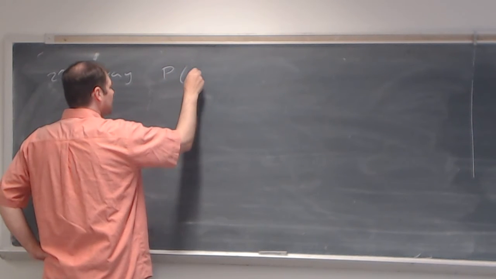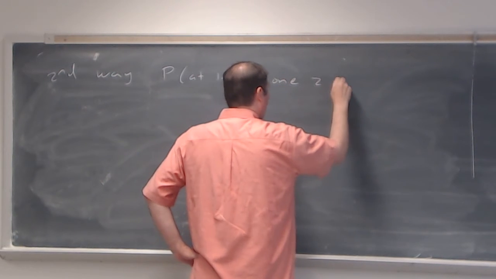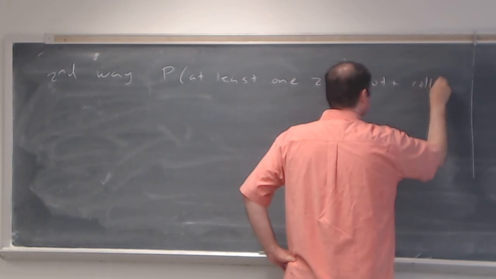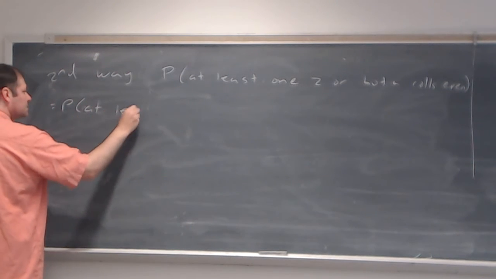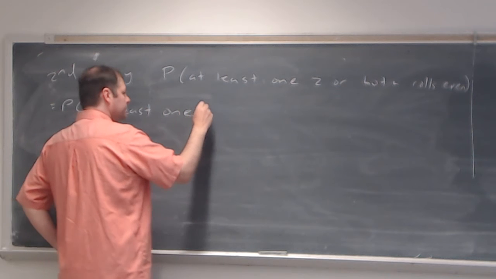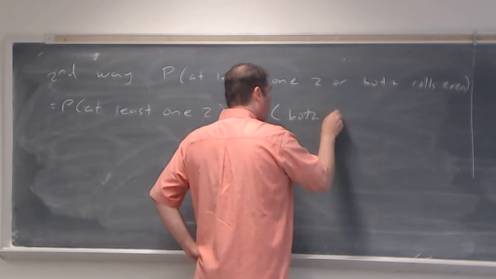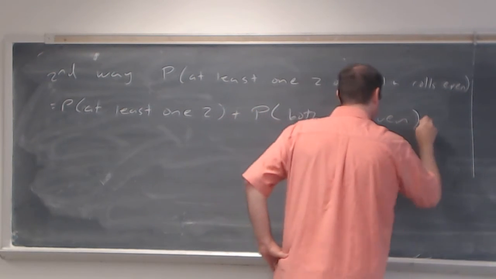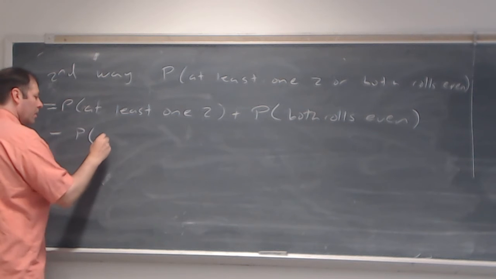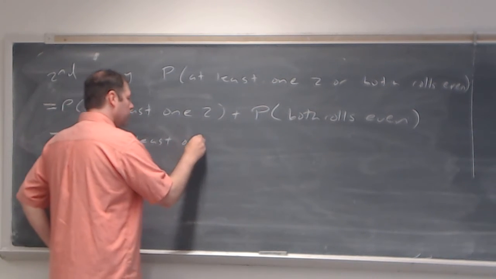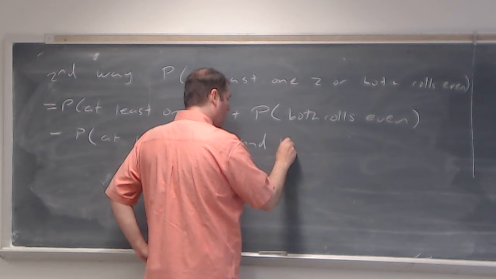So the probability of at least one 2, or both rolls even, by our fact is equal to the probability of at least one 2, plus the probability of both rolls even, minus the probability of at least one 2, and, that's what intersection means, both rolls even.